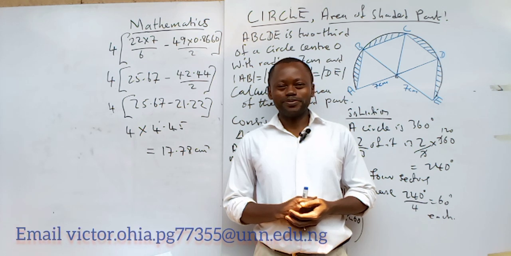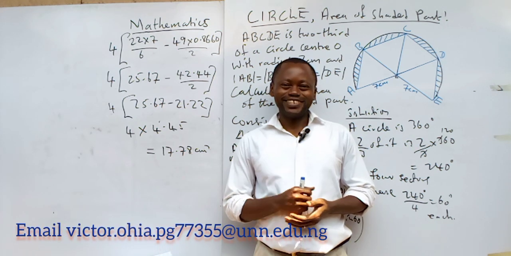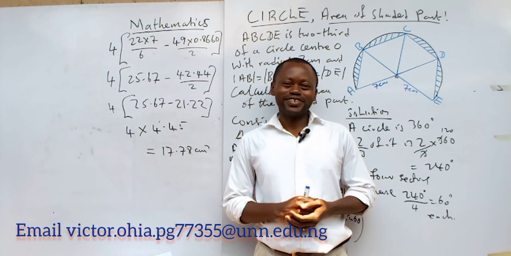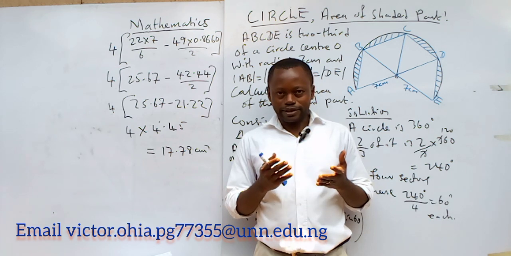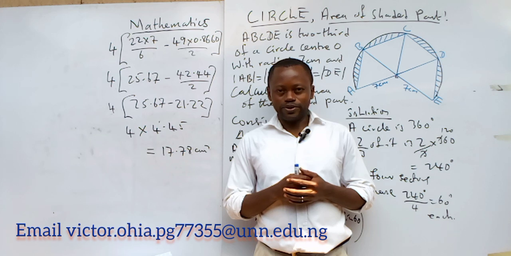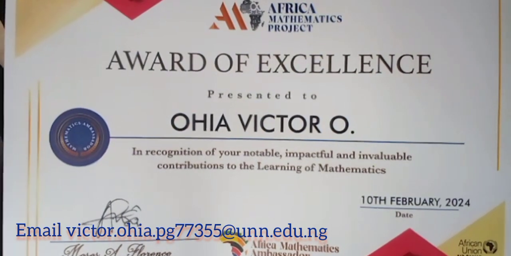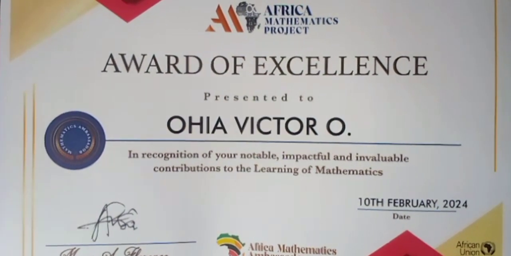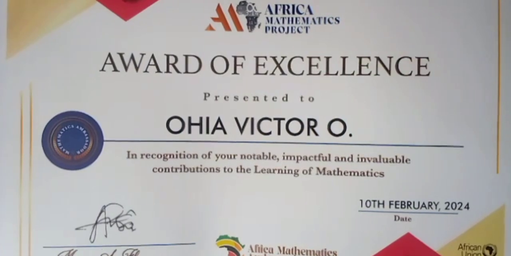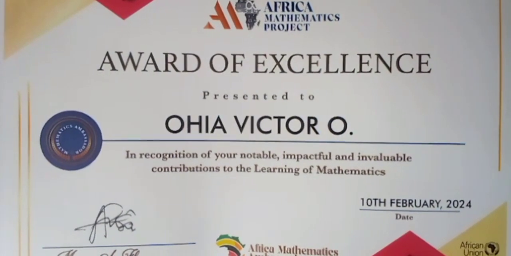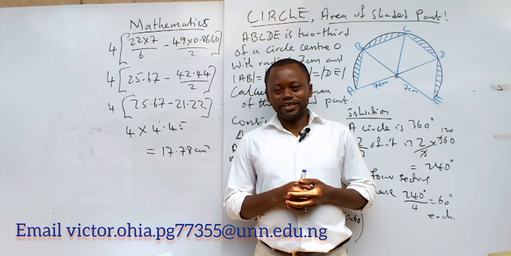My name is Victor Odigoma, and in this little discussion, I just want to share with you, like I said some time ago when I celebrated, I showed us an award that the African Union gave me in line with being an ambassador of mathematics.